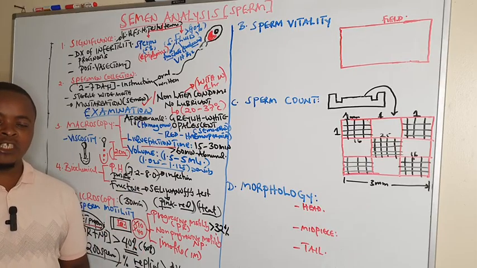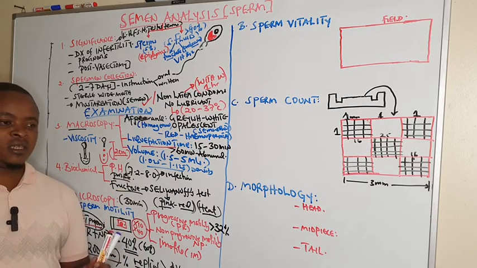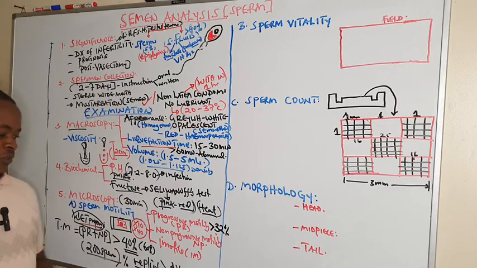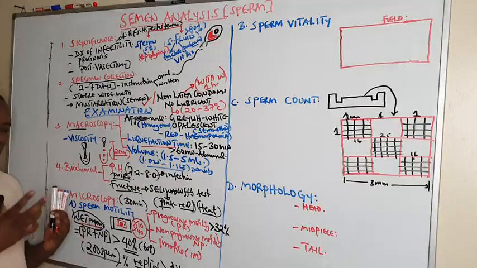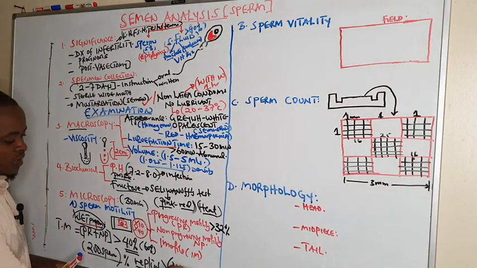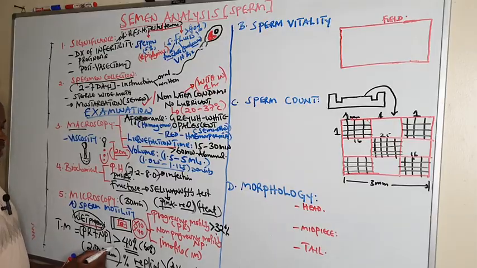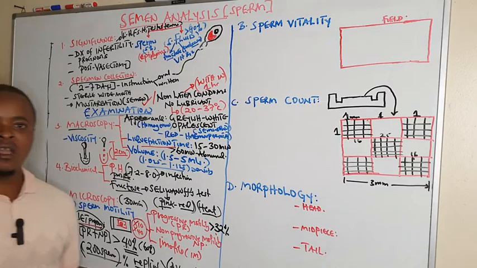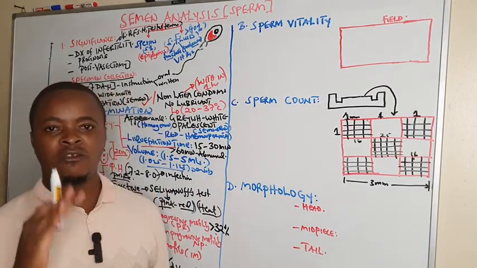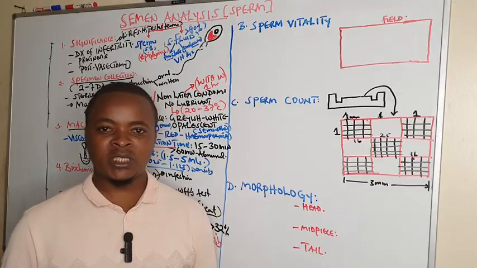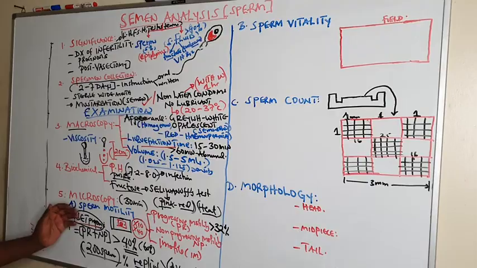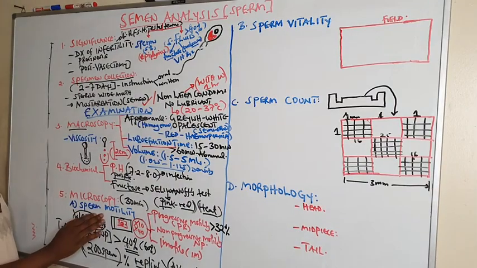They should be within less than 10. So if they are more than 10, you repeat. You don't consider those results. Then when they agree, you get the average, and then you determine the percentage. And a minimum of 200 spermatozoa should be read in each replicate. Then you express them in percentage. That is what we can look at under sperm motility.